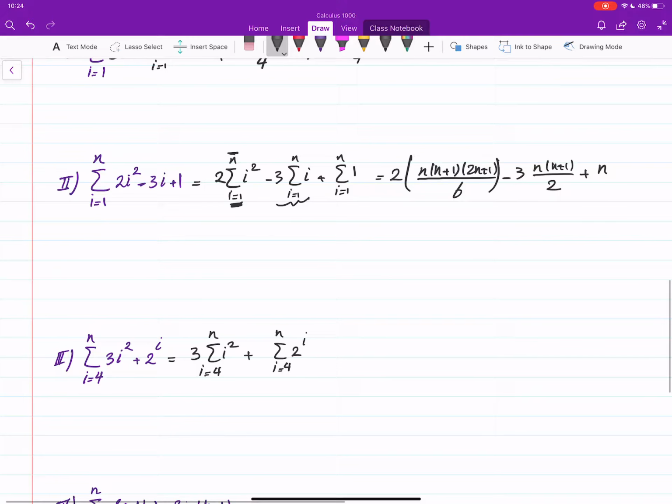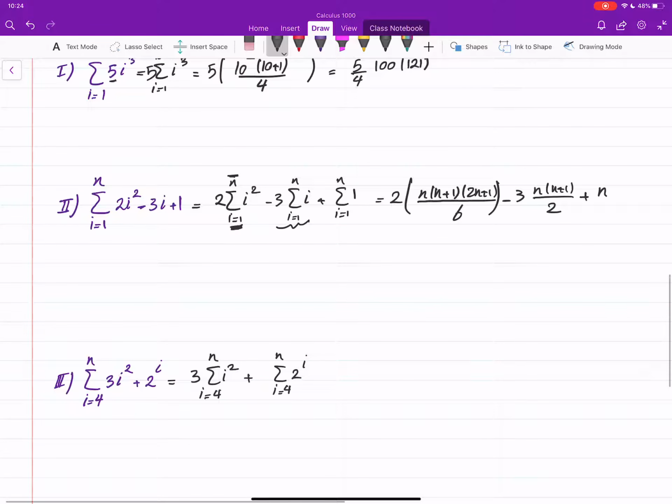You see the formulas we have up there, all of them are sigma notations or sums starting from 1. Here I have starting from 4. What should I do? Well, turn them to sigmas starting from 1. How? Well, set j to be i minus 4 plus 1, which is i minus 3. Then when i is 4, j will be 1. That's what we want.